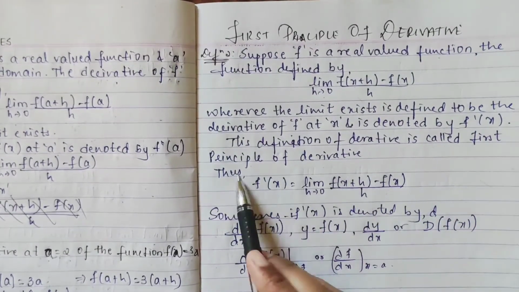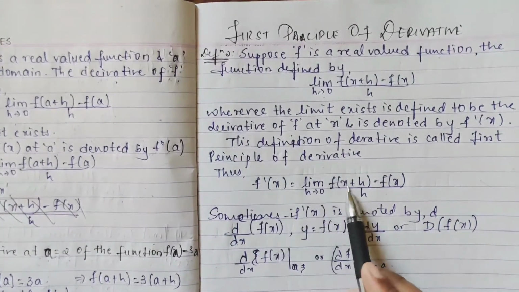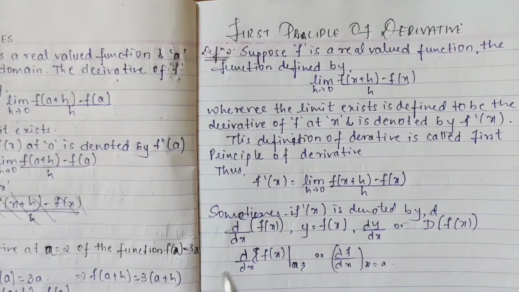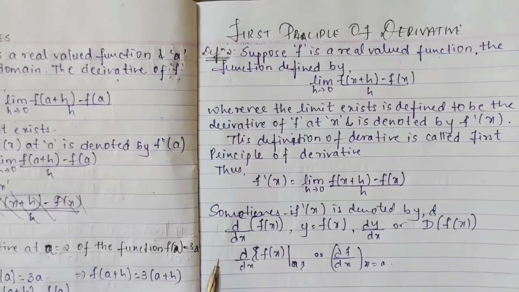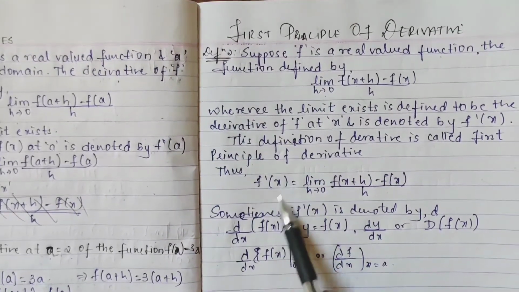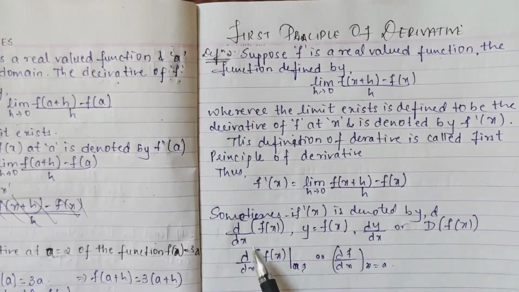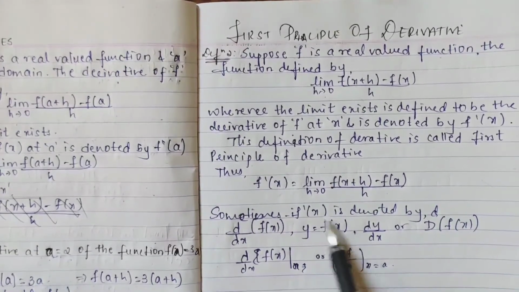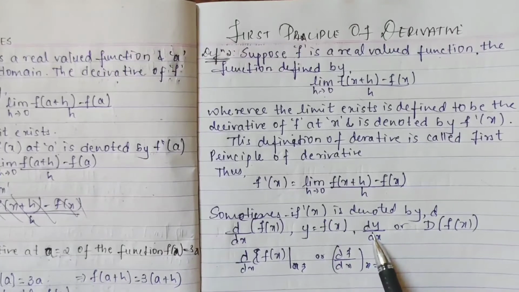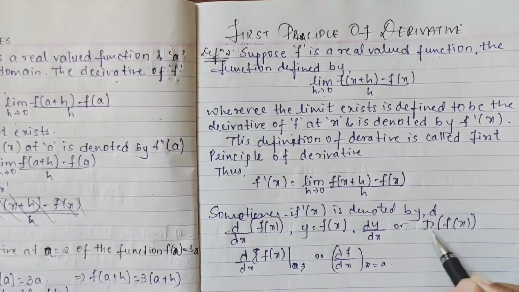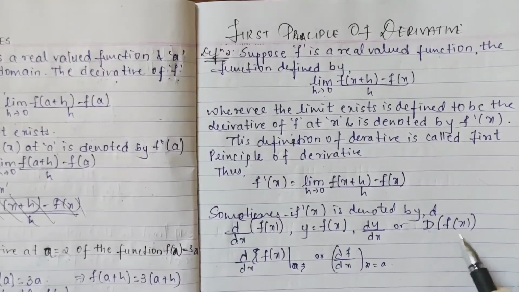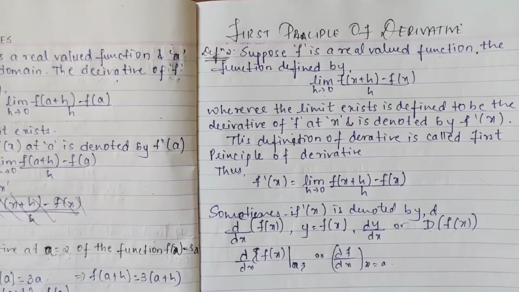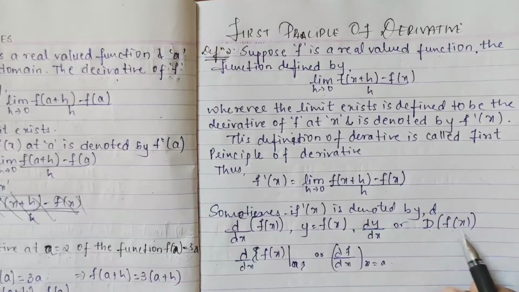So this one is called the first principle, that is f dash of x equal to limit f of x plus h minus f of x whole divided by h, where h tending to 0. And the denotation of this, there may be various, like d by dx of f of x, or y is equal to f of x, which further we tell as dy by dx, or capital D of f of x, which means derivative of f of x or y with respect to x.